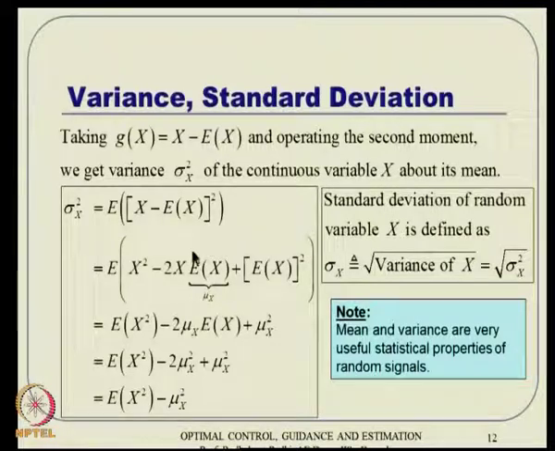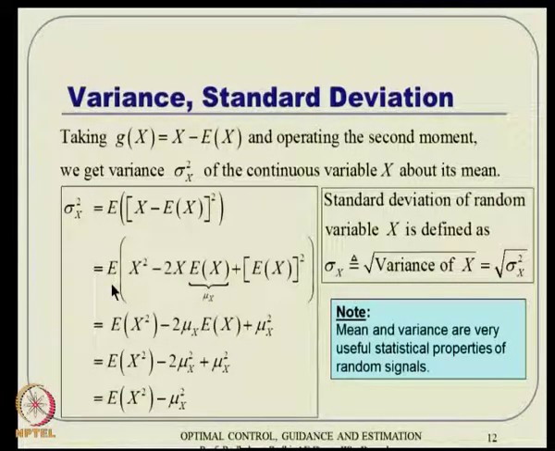But remember, the expected value of x is nothing but mu x, by definition. So this is nothing but mu x squared by definition, this is mu x and that is mu x squared. But the expected value of x squared we do not know, we have to just keep it.